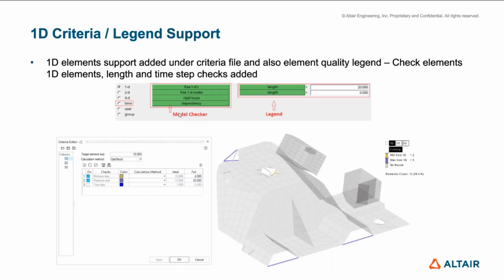We also had some other functionalities under 1D, which are the meshing checks, I would say. Those have been migrated into model checker, and the actual length or size has been migrated into legend, because that's what really makes sense from where each functionality resides.